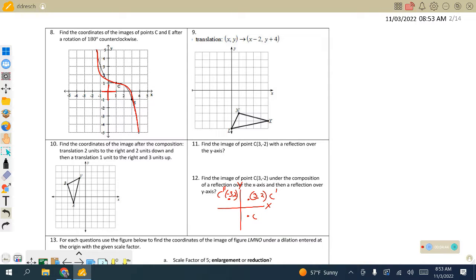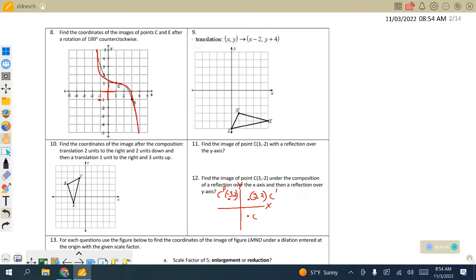Okay. So when you rotate that, how many turns is a 180? 2 turns of the patty paper. And which direction are we going? Counterclockwise. So 1 and then 2. Now C prime. Somebody, where'd you get C prime at? Right. Yeah. -1, -1.